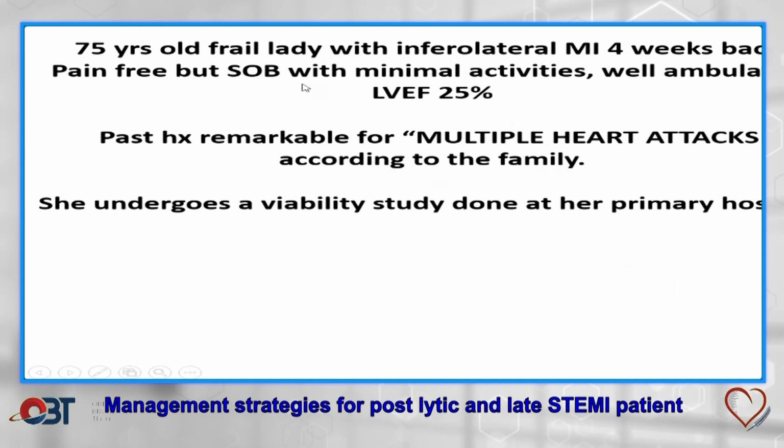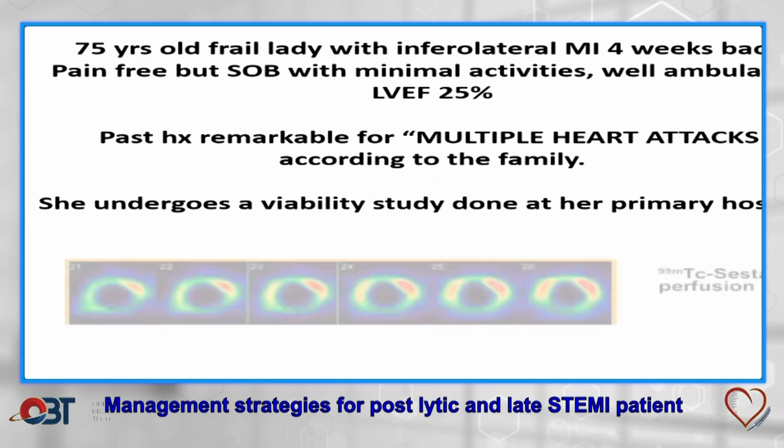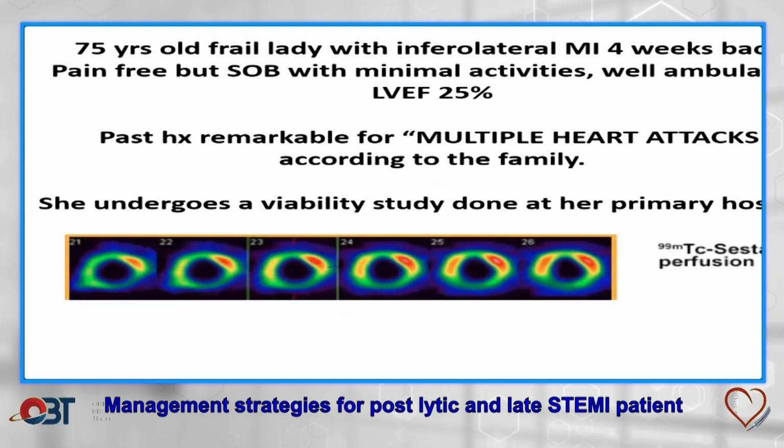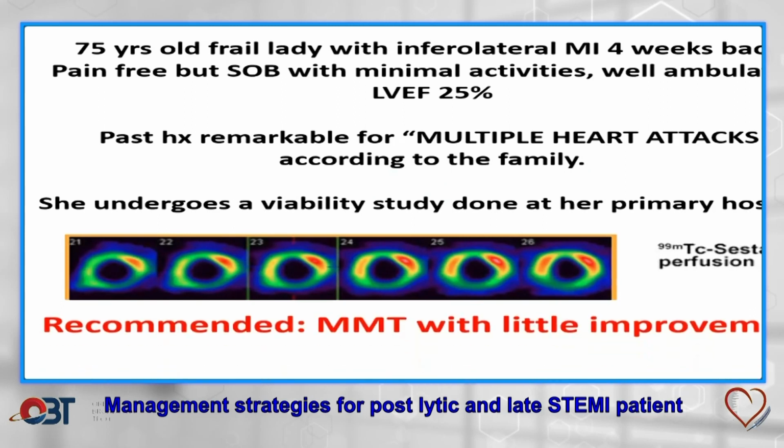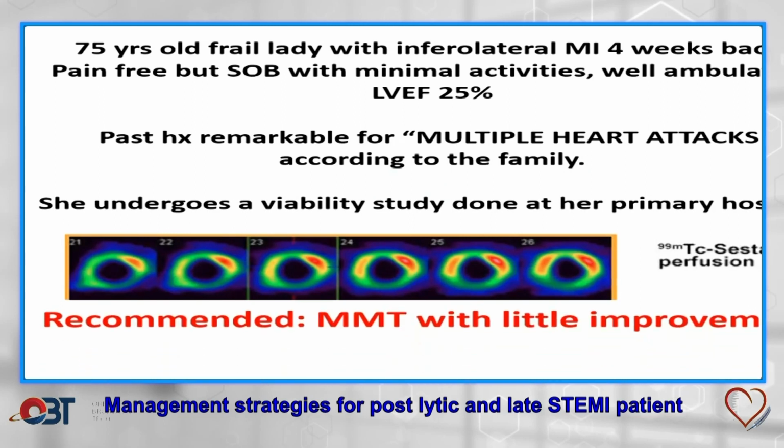This is a very simple example: a 75-year-old patient, pain-free, post-MI with an EF of 25%, past history of multiple heart attacks. She is a late presenter, 4 weeks after MI, and she gets a study for viability, and there is not much viability. The doctor tells the patient to get maximum medical therapy.